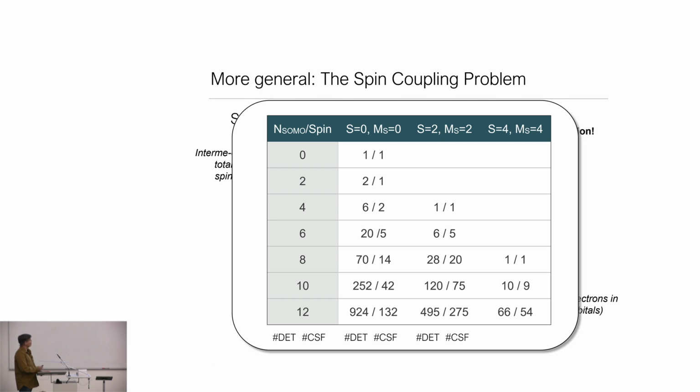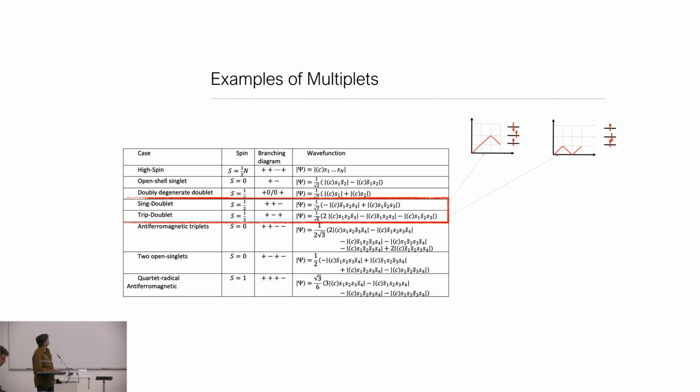Etc., etc. Normally it's a very good idea to work with CSFs instead of determinants, because the total spin is a good quantum number, and that is a very good starting point for your electronic structure treatment. That's why within almost everything that you have in ORCA, we work with CSFs and not with determinants.